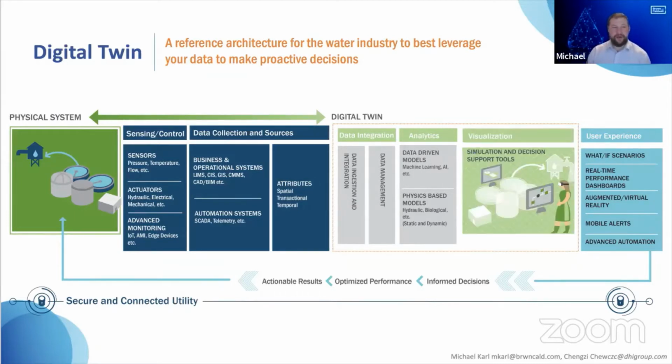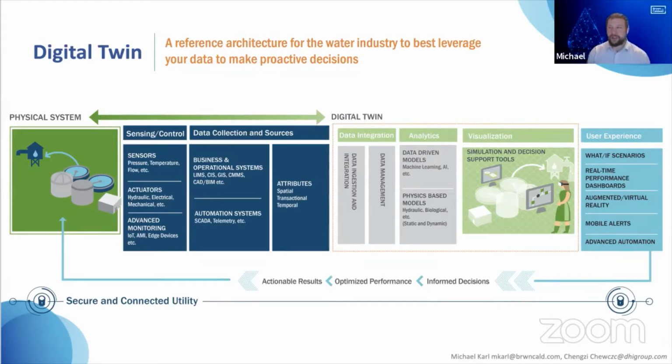And finally, all of that working together through a new set of interfaces and presenting user experiences that makes this accessible not to just the most experienced digital twin users, but all staff within a utility and the community. That's the power of digital twins.